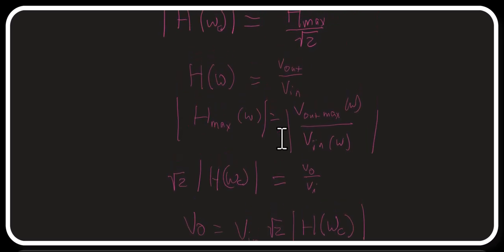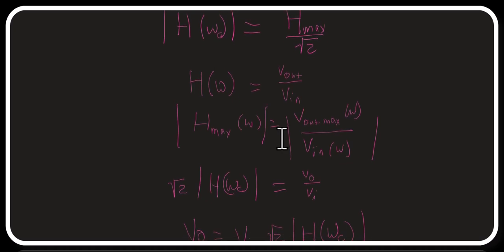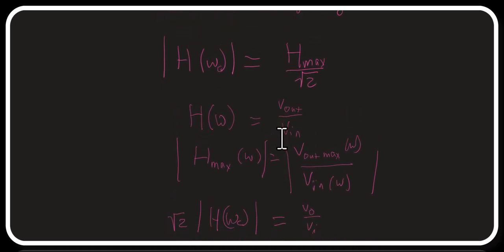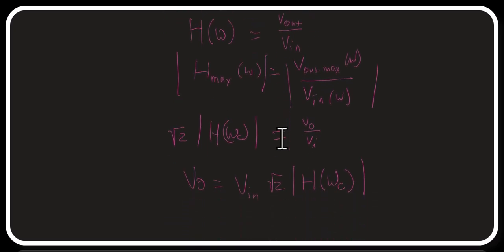But we also know that vn times h omega c gives us v out max from this equation right here. So vn times h max equals v out max.